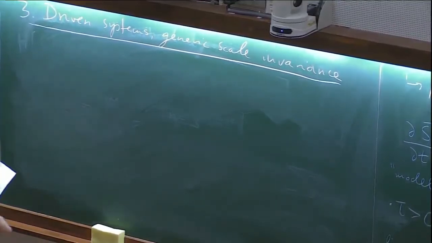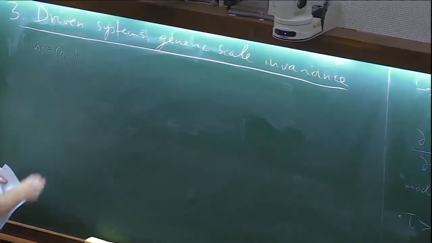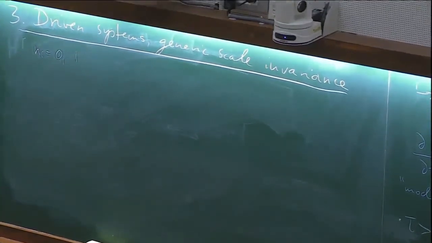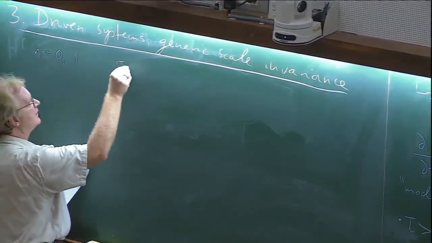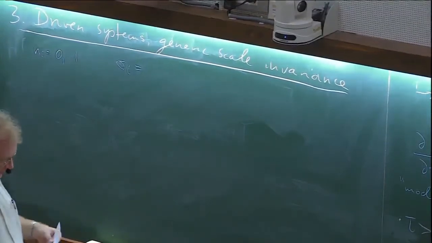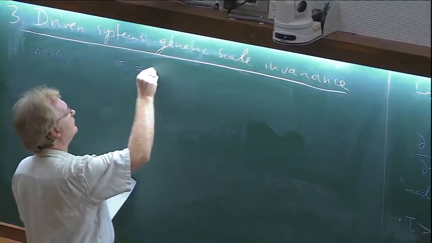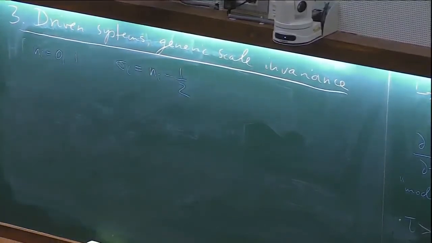So I explained the model already. So I have these occupation numbers 0 or 1. Alternatively, I can write down Ising variables. These are classical Ising variables, which are plus or minus 1/2, by just doing this obvious linear transformation. So if it's empty, I get down spins.